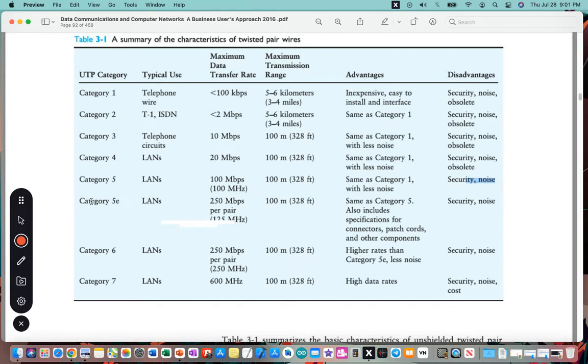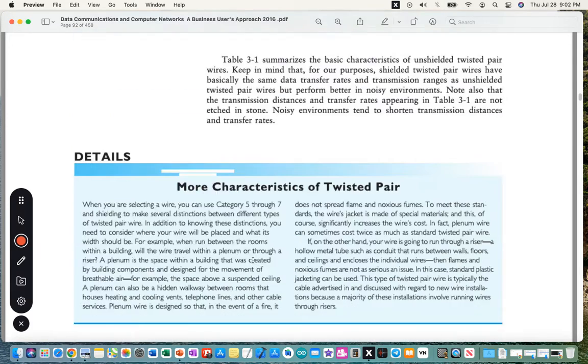All right, Cat 5e is better, and Cat 6 is even better. Cat 7 is higher data rate, but it's more expensive. All right. And of course, they all operate at the 100 meter, like in the offices or in the houses. All right. So we can just keep going.